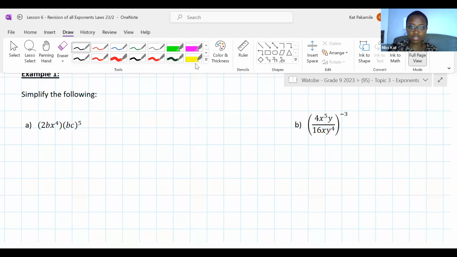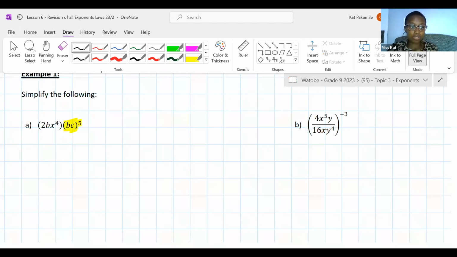Okay, let's do A together. Where are we going to start? So we have 2b x to the power 4. What we're going to do is put the exponent 1 on b. Starting here, we agree, right?